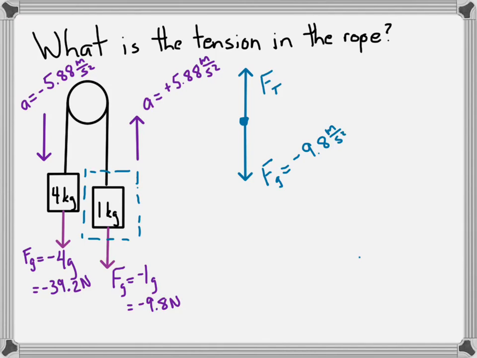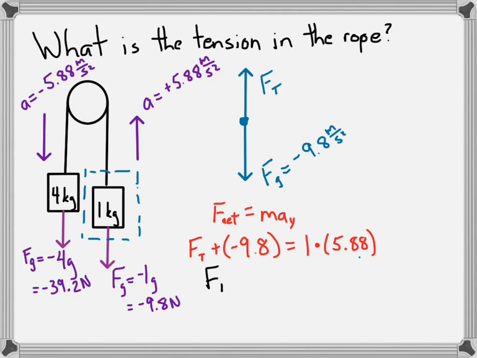Well, this is a pretty easy one-dimensional problem. So I can write Newton's second law. I don't have to worry about steps 3 and 4. I can just go right to Newton's second law and write F net equals ma. And F net is the tension force minus 9.8.